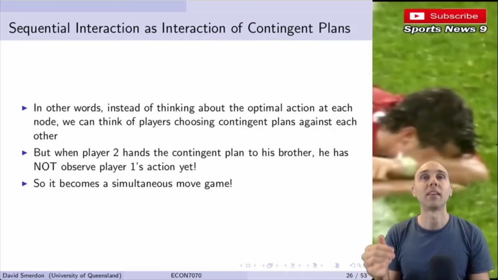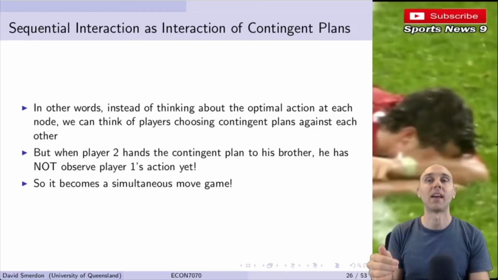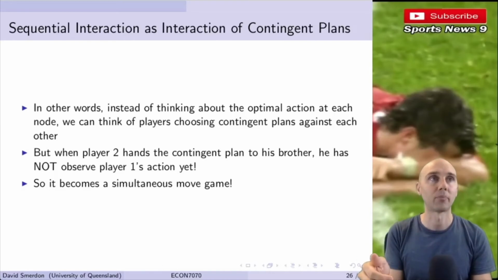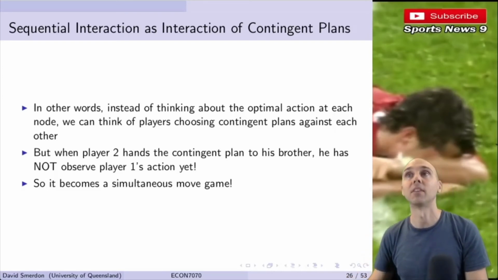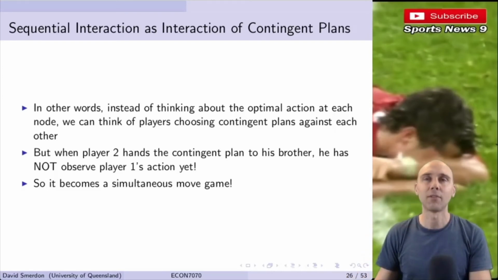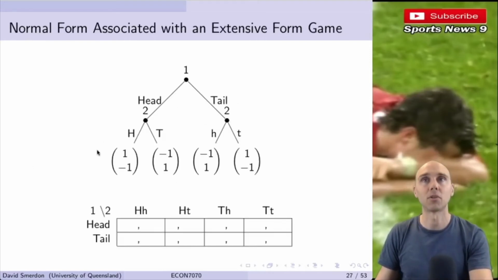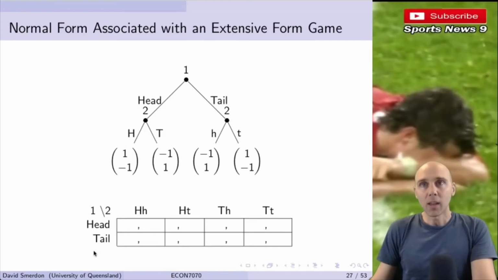So we can think about it then in terms of it being a simultaneous move game, because player 2 is writing down these optimal contingent plans before the game has even commenced. Sounds confusing. It's a little bit easier to see by way of an example. So here we have the game tree, and here we have kind of a very long payoff matrix.